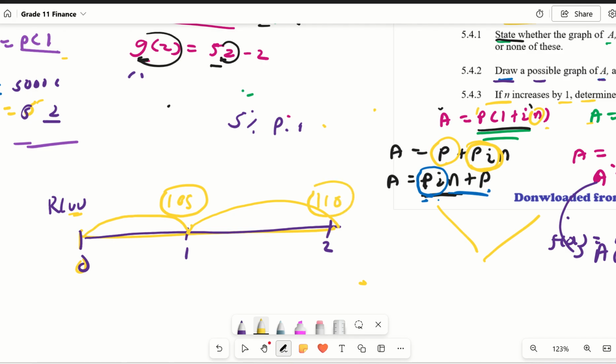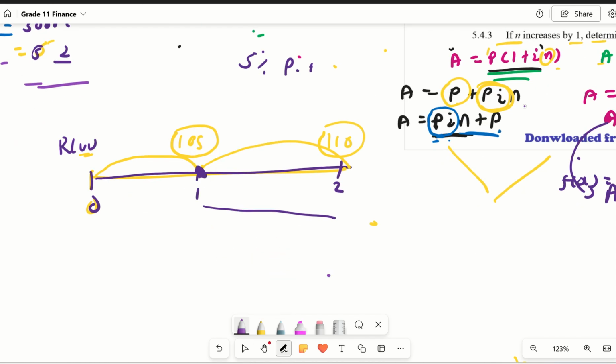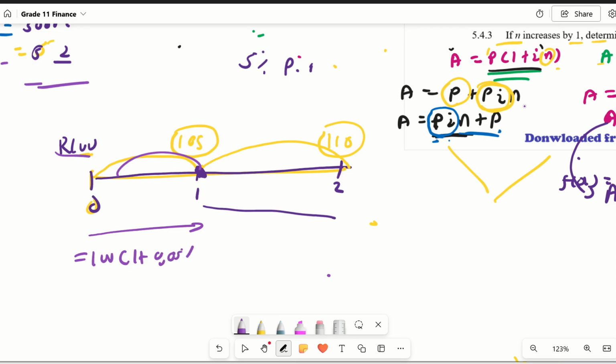So do you guys see that if I'm here, at time 1, and then my n increased by 1? Let me show you. You're calculating what happens at 100 until you get there. It is 100 times 1 plus the simple interest formula, 5% times 1. This will give you 105.